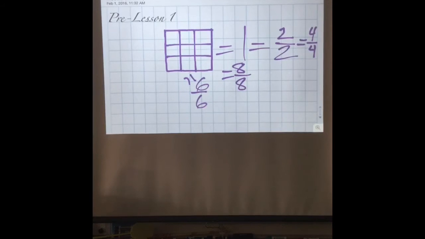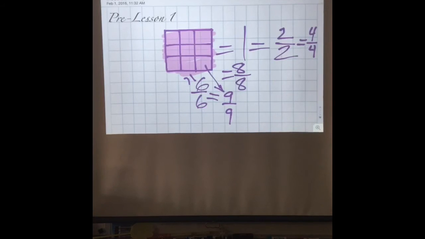Just because we can. How about that? 9 over 9. So this would equal, and you want me to shade it all in? So what does that equal? How many pieces do we have? 9. So our bottom number is 9, and our top number is? 9. So 6 over 6 equals 9 over 9. It also equals 8 over 8.